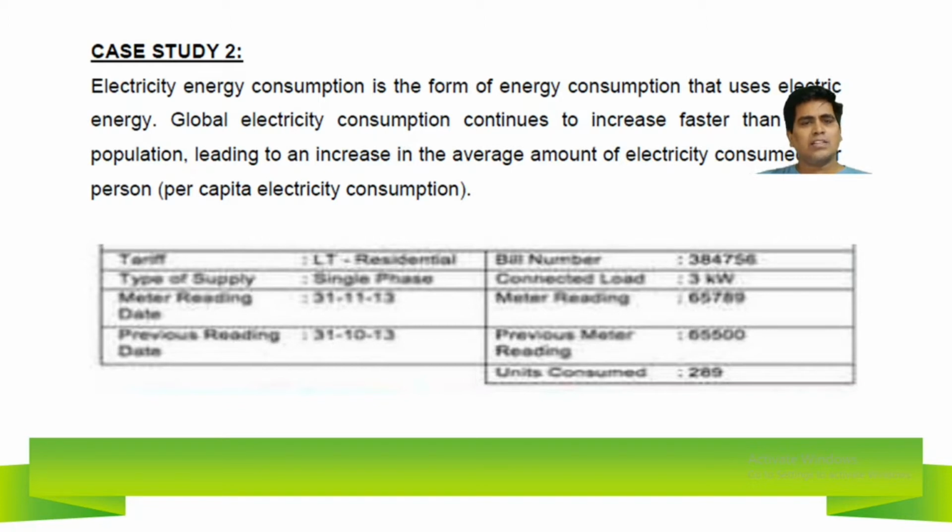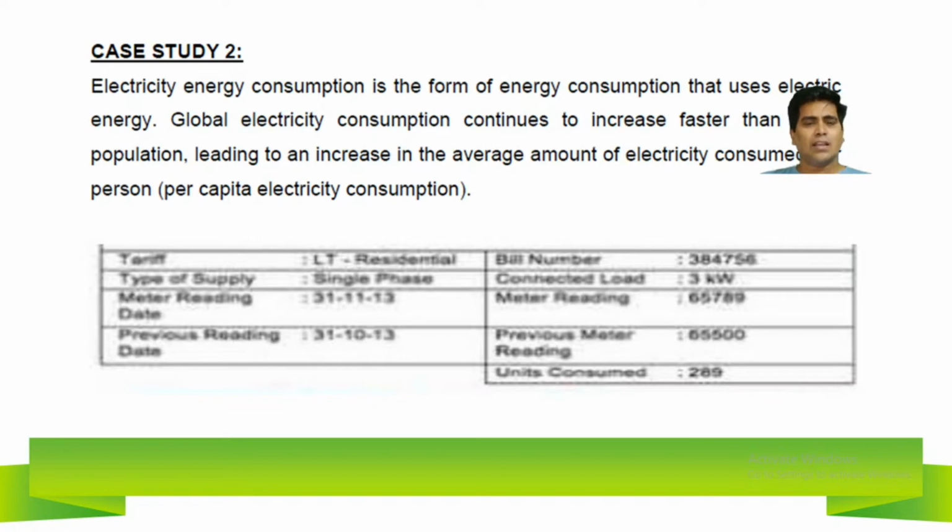Electricity energy consumption is the form of energy consumption that uses electric energy. Global electric consumption continues to increase faster than the world population, leading to an increase in the average amount of electricity consumption per person, per capita electricity consumption.